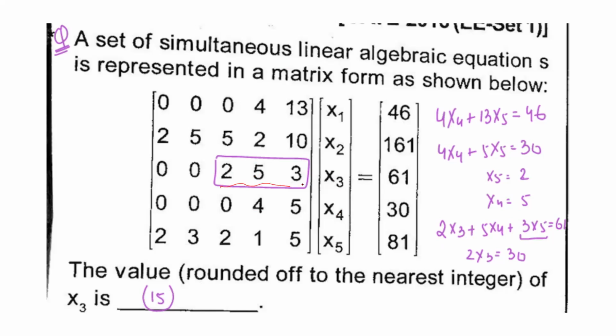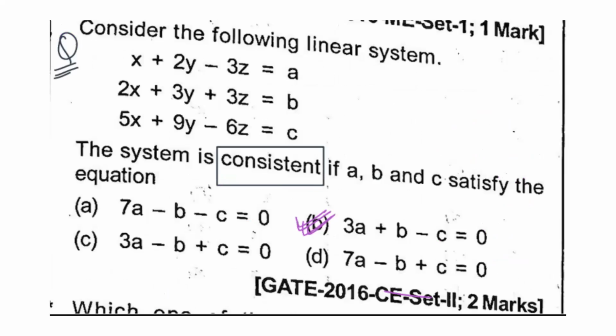From this, one equation will be eliminated, and another from here. 4x4 plus 13x5, one equation comes out from here, so there will be 3 equations. Okay, we can find this, no problem. Consider the following linear equation. The system is consistent if A, B, C satisfy the equation. So we can find this, no problem.